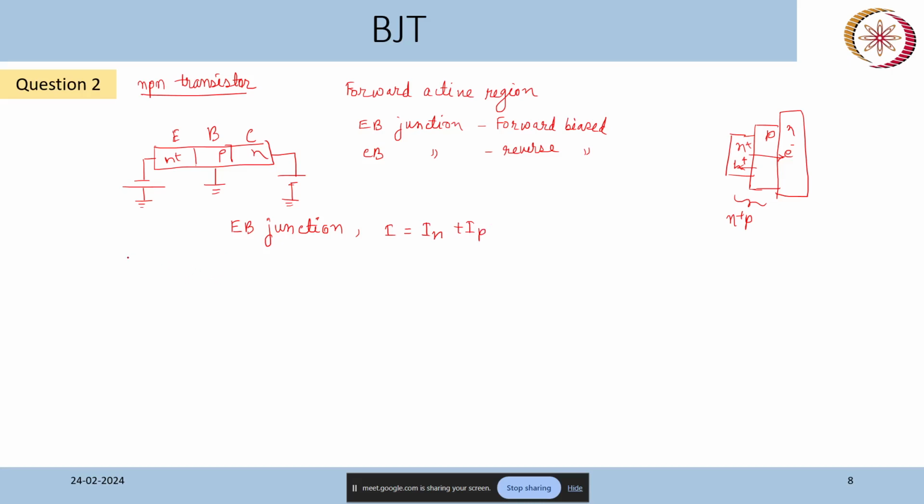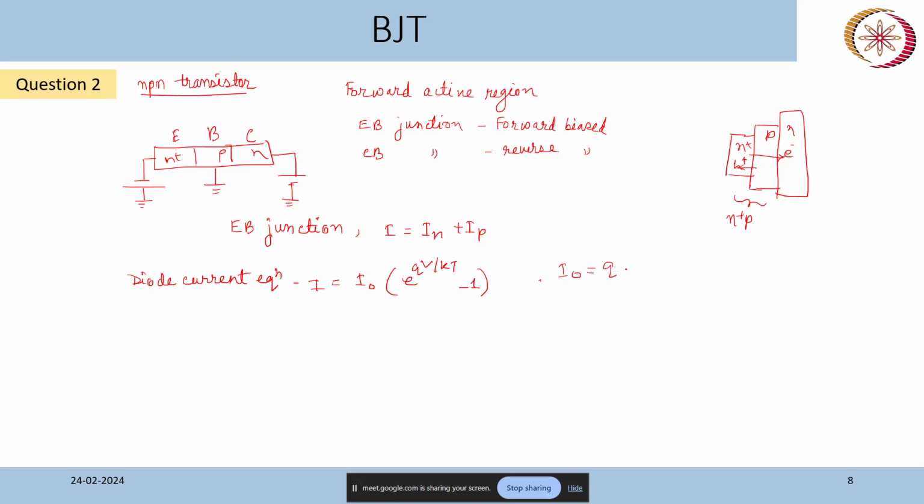From the diode current equation we know that I equals I naught, the reverse saturation current, times exponential of qV by kT minus 1. Obviously the current depends on the applied voltage, but what is this I naught part?